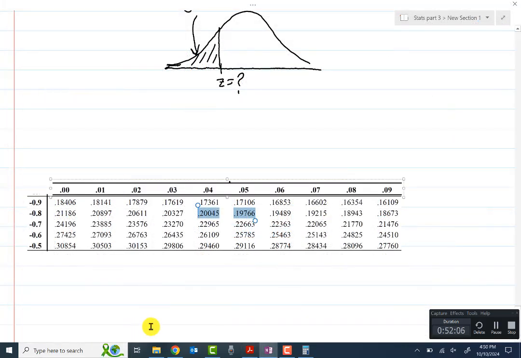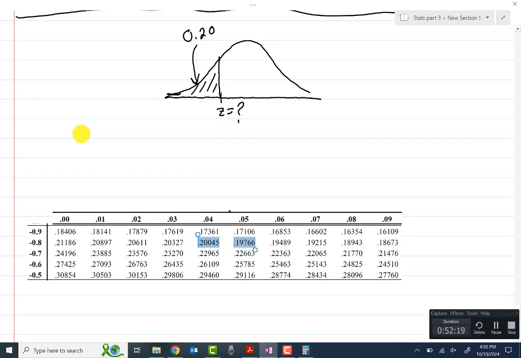All right, so what I've tried to do is make it so you can see everything at once here on the table. This here is negative 0.84, and this is negative 0.85. 0.2 is clearly in between those two values. That means it can't be exactly equal to negative 0.84, and it can't be exactly equal to negative 0.85.